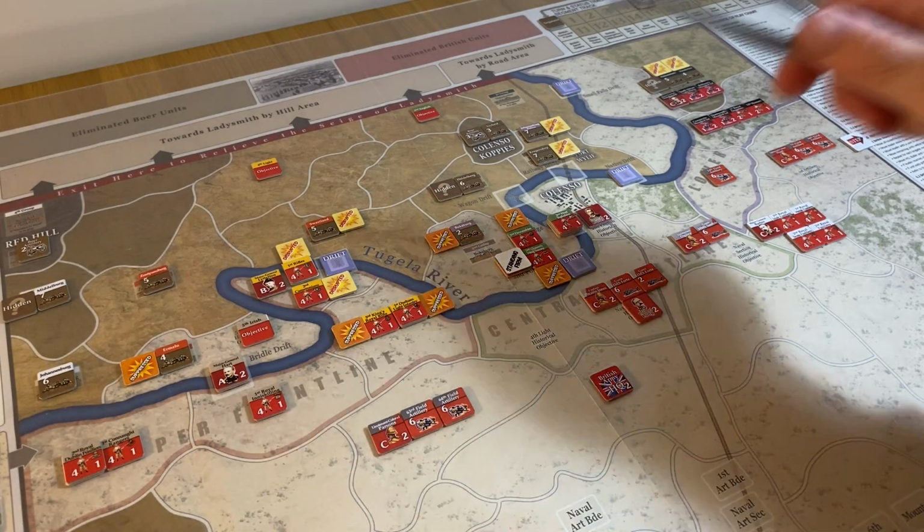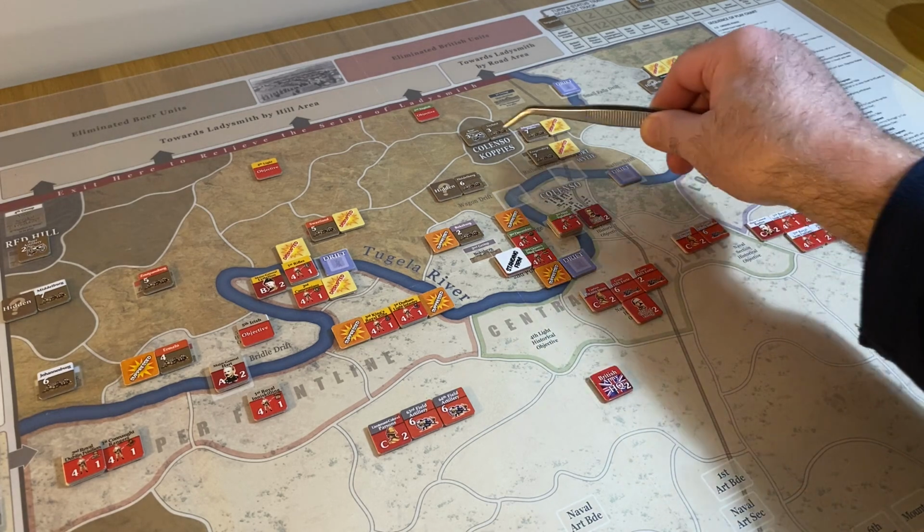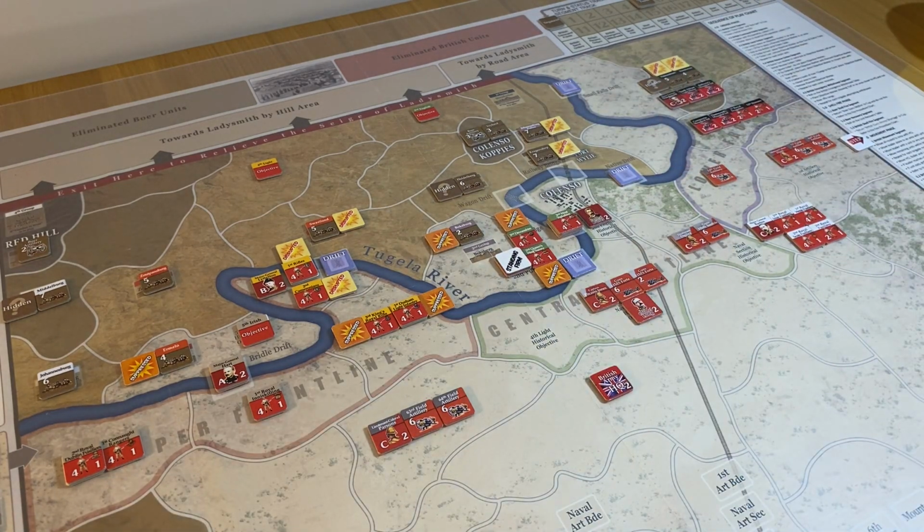But the problem is it's going to be in range of the artillery. 1, 2, 3. So until you move the artillery, it's going to be... Right, sorry. So I don't think we can really move the HQ much without it getting into that area.